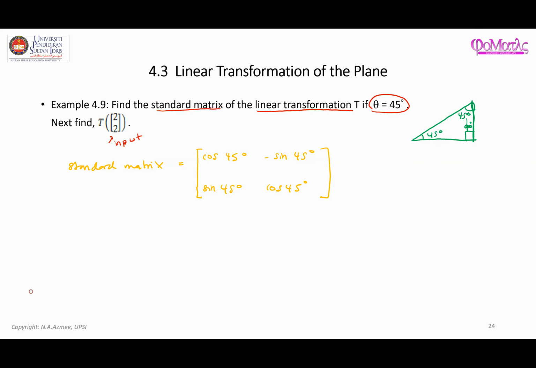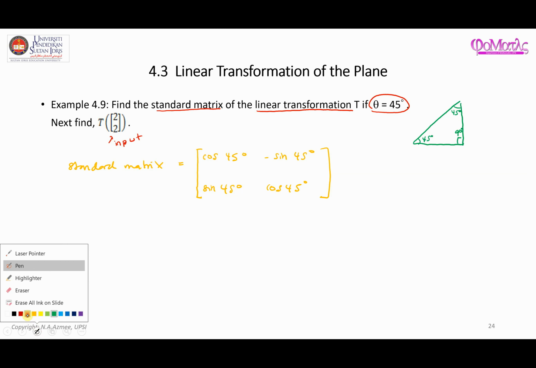Let me just draw it properly. So something like this, 90, this is 45, this is 45 degrees, okay? And the angle is the same for that.